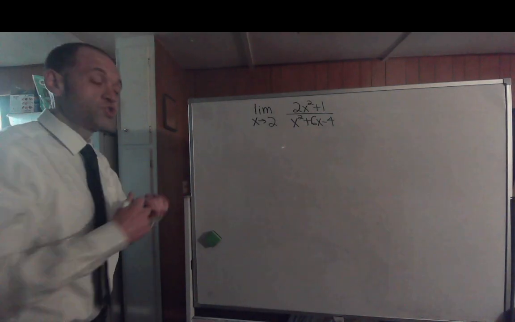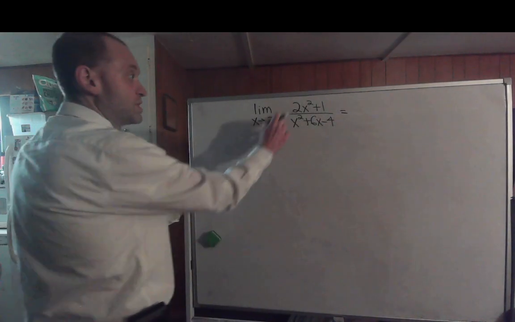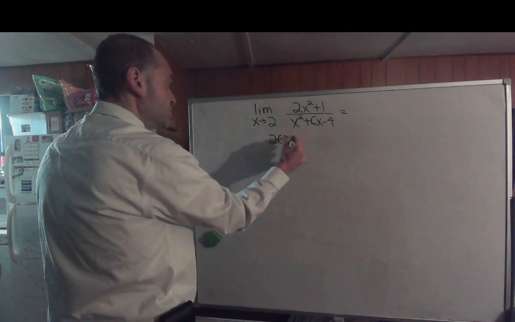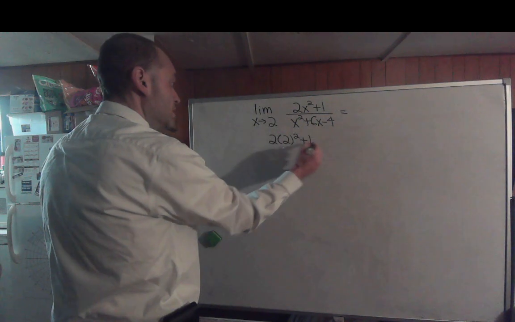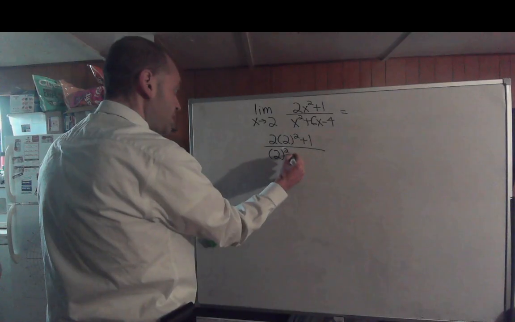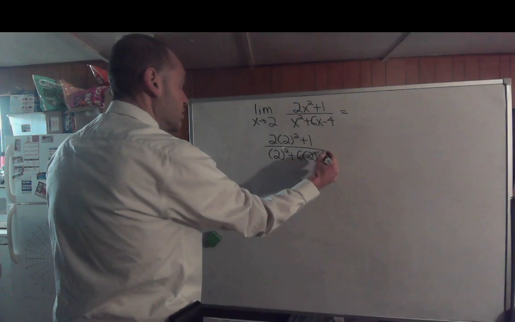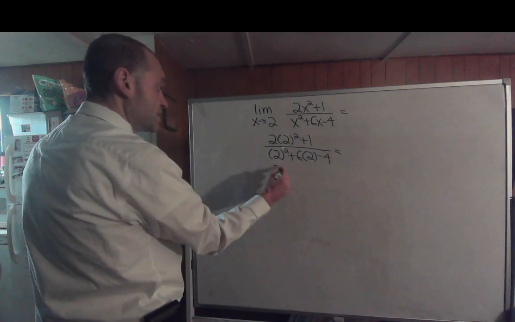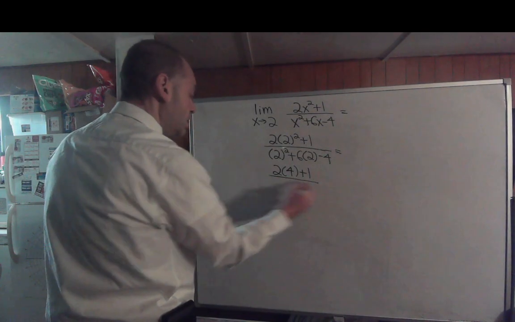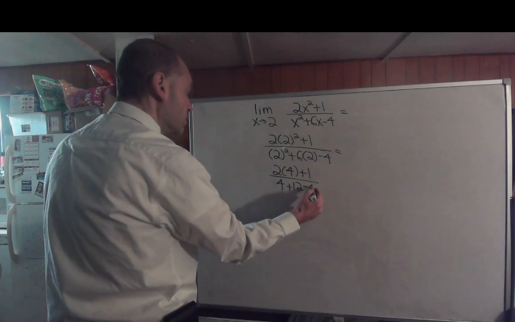Well, we should first try direct substitution. So let's go ahead and do that. We'll substitute that 2 in for x. So that would give us 2 times 2 squared plus 1 all over that 2 squared plus 6 times 2 minus 4. Well, this would turn into 2 times 4 plus 1 all over 4 plus 12 minus 4.